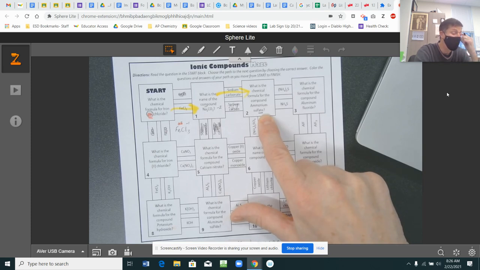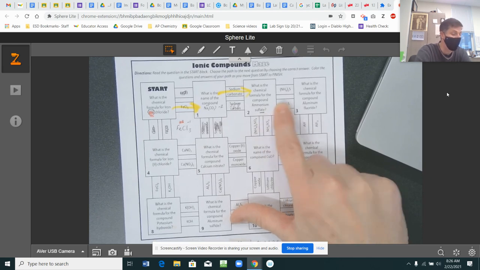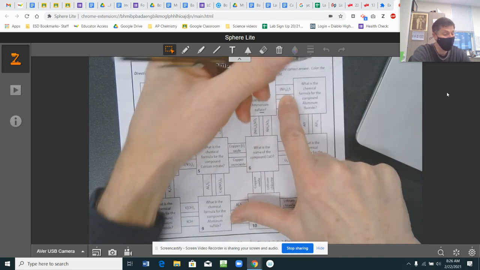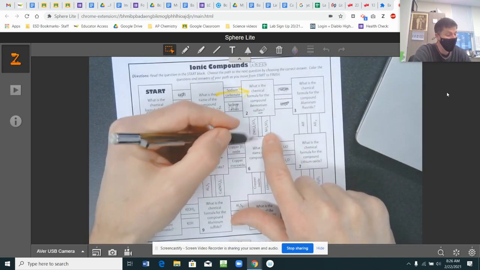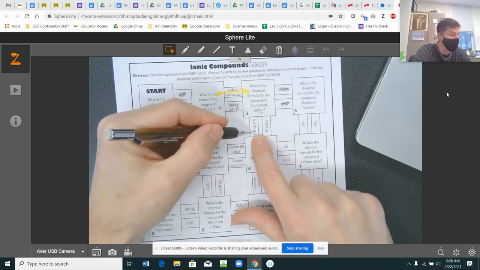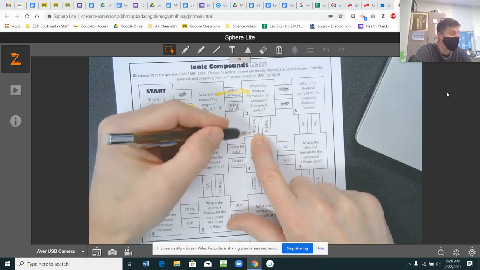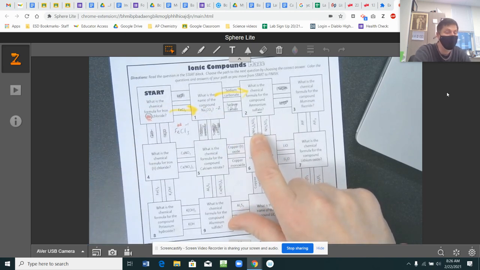So what's the formula for sulfate? SO4. So automatically I'm looking for something with SO4. I don't have SO4. No SO4. I have an SO4 and I have an SO4. But I've got to figure out which one it actually is.